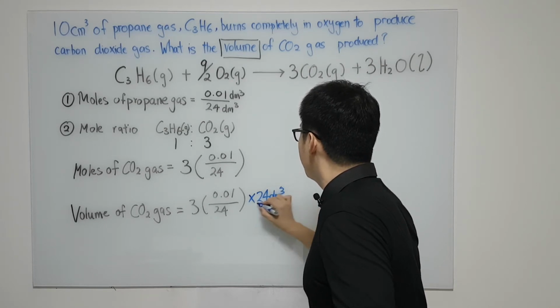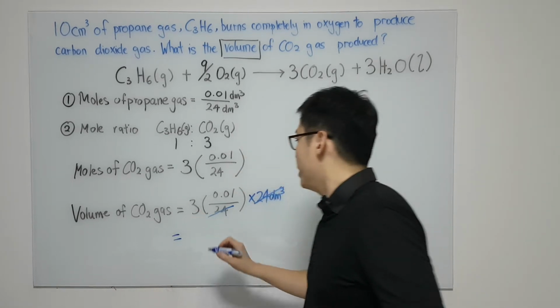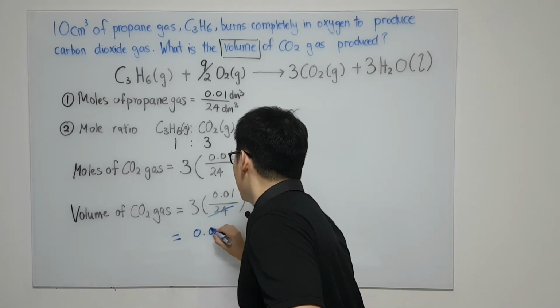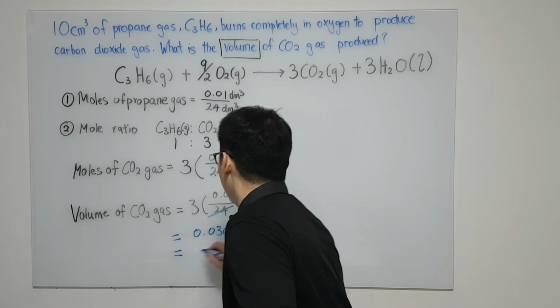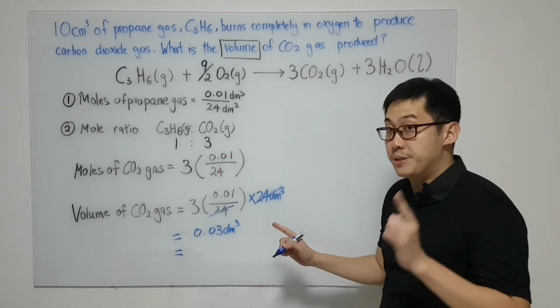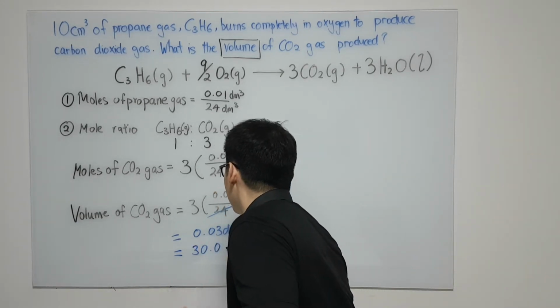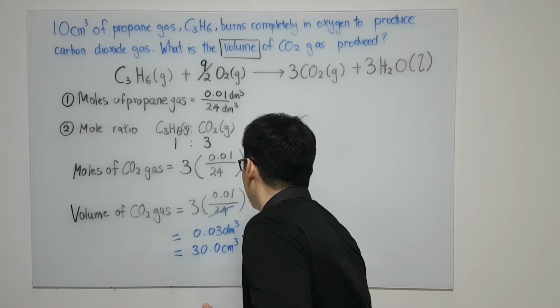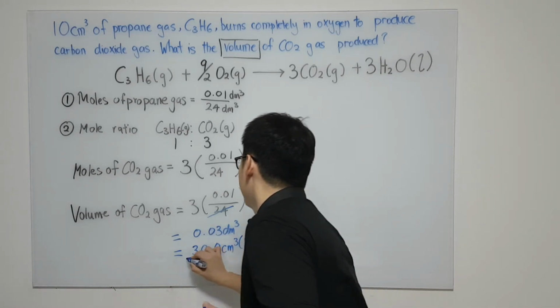So these two cancel out, and what I'm left with now is actually 0.03 dm cube, and if I want to convert my answer to cm cube, it becomes 30.0 cm cube. Again, always making a point to leave my answer in 3 significant figures.